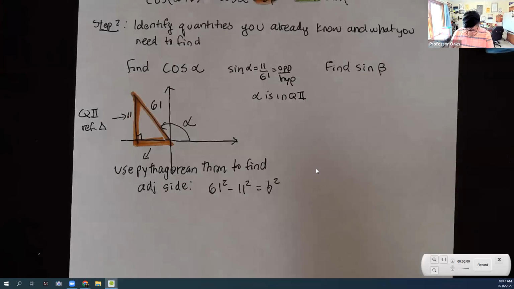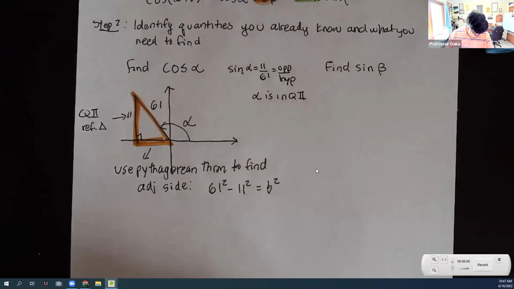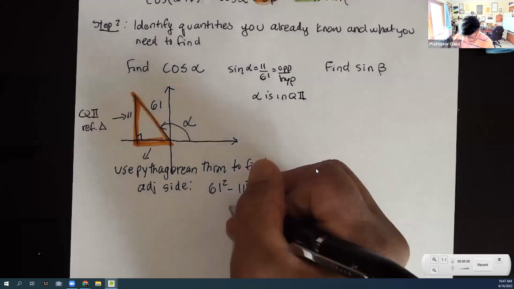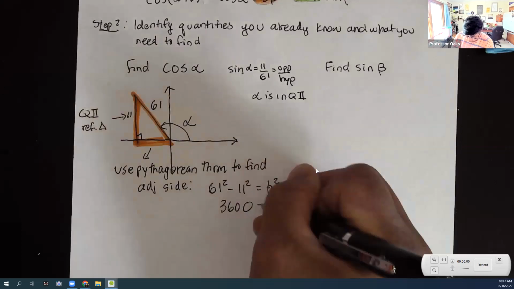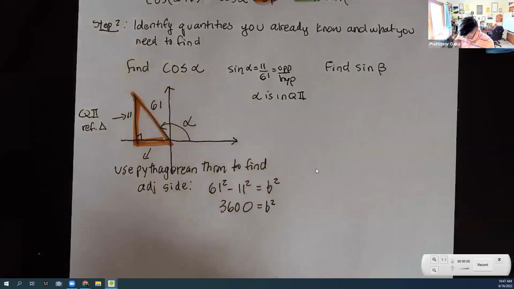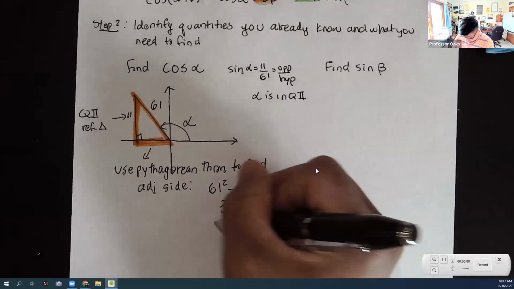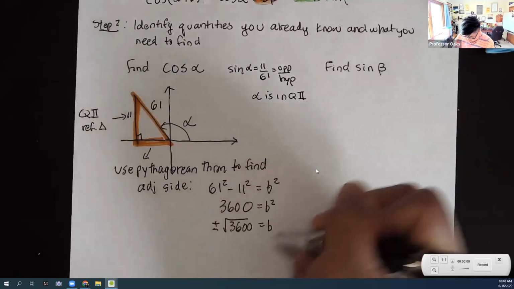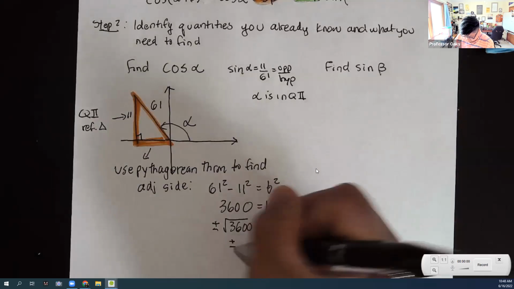What do you get? 3,600, I think. Yes, 3,600. So 3,600 is b squared. When you take the square root, b is plus or minus the square root of 3,600, so plus or minus 60.